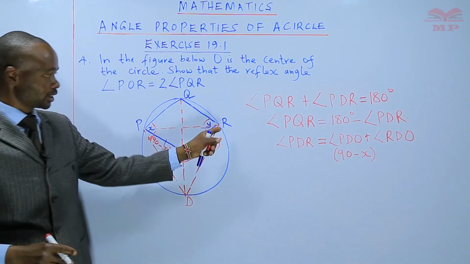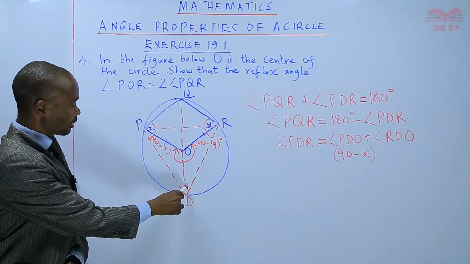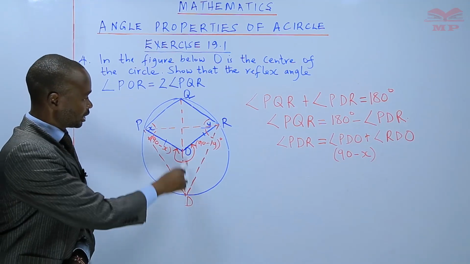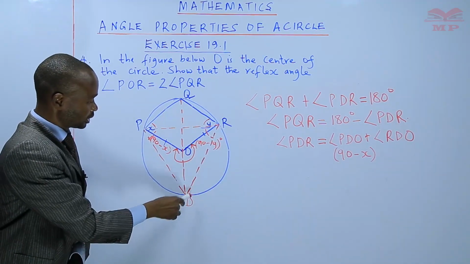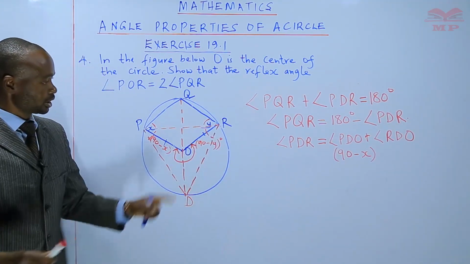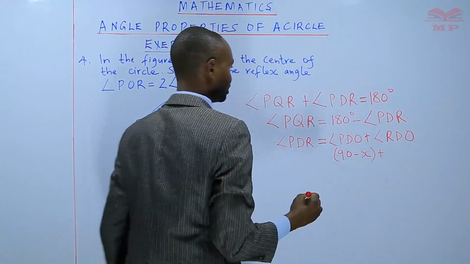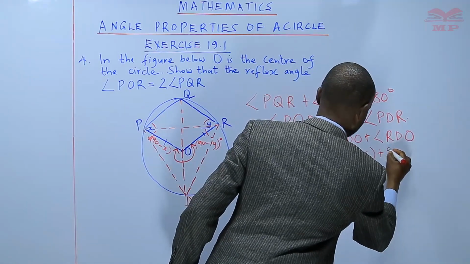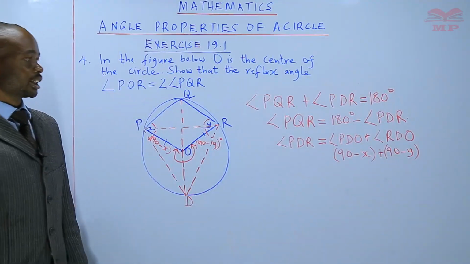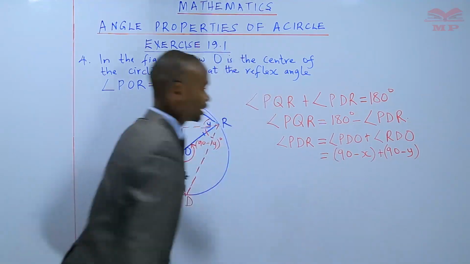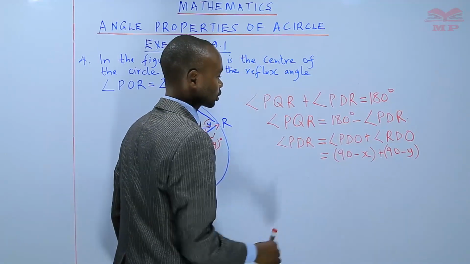And RDO, the same thing. Look at that isosceles triangle. This angle RDO is also equal to DRO. And I know the value of what? DRO. So it will be 90 minus x plus 90 minus y. So you go to a computation.